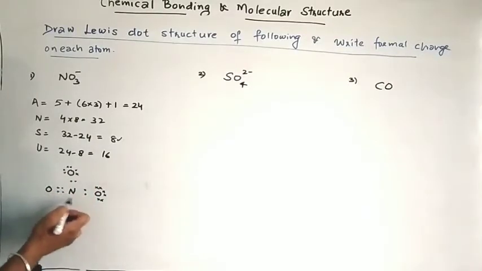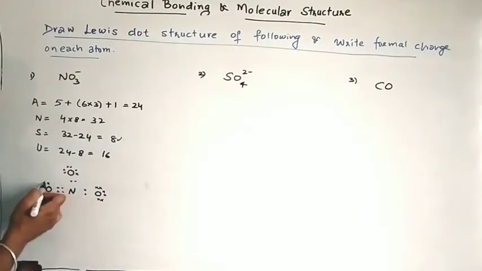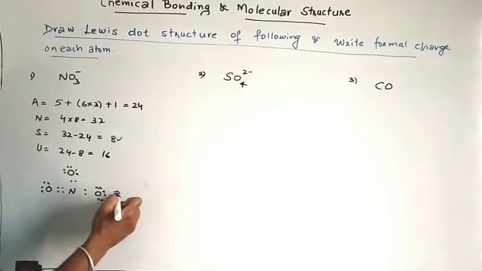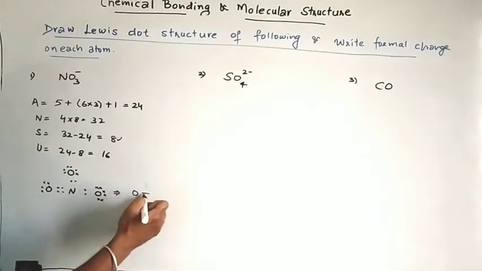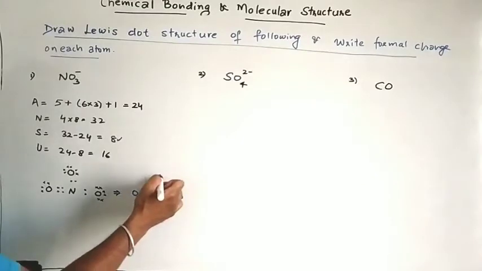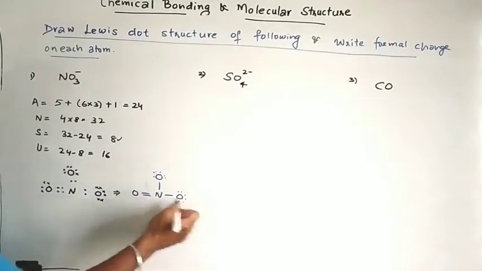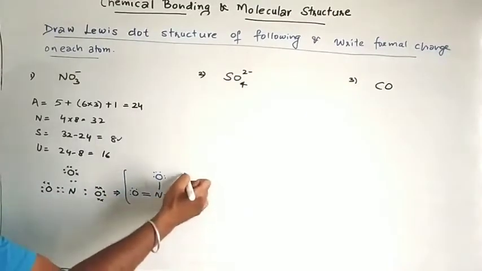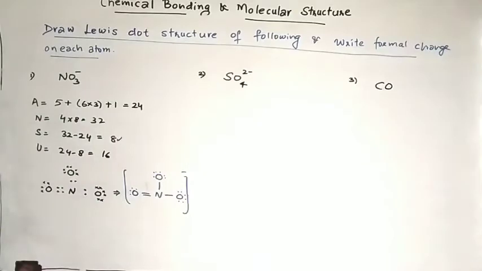Nitrogen has 8, give 4 to oxygen. So 6 plus 6, 12 plus 4, 16 total. These are unshared. So the structure becomes O double bond N single bond O single bond O, with 6 pair, 6 pair, 4 pair, and overall it has a negative charge.